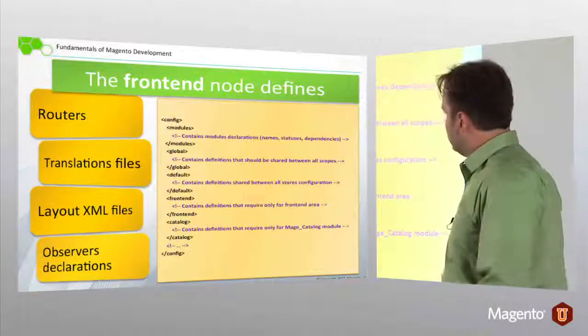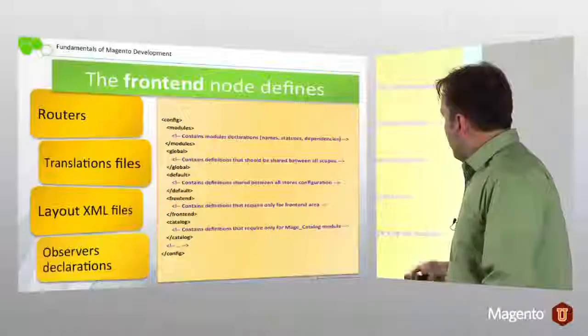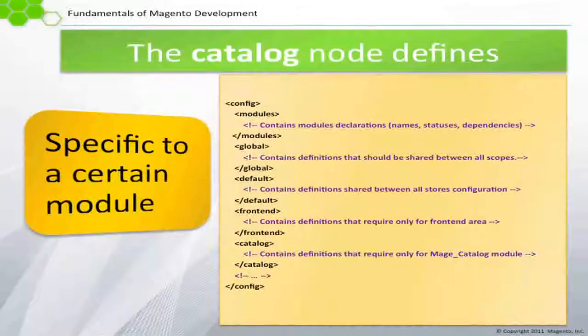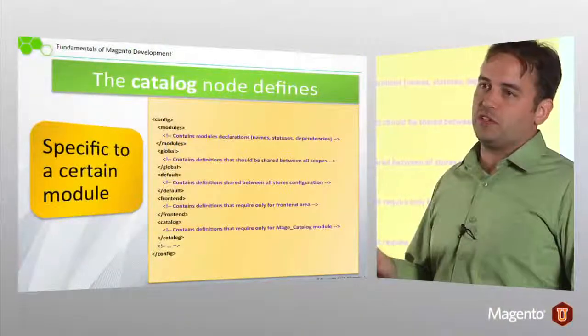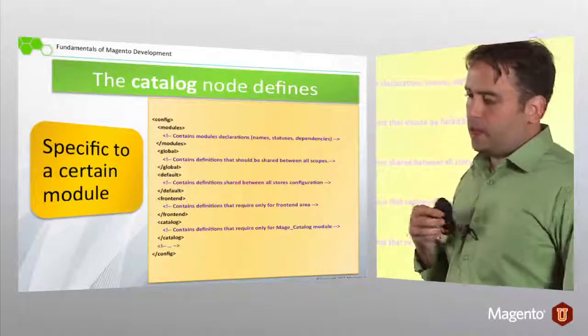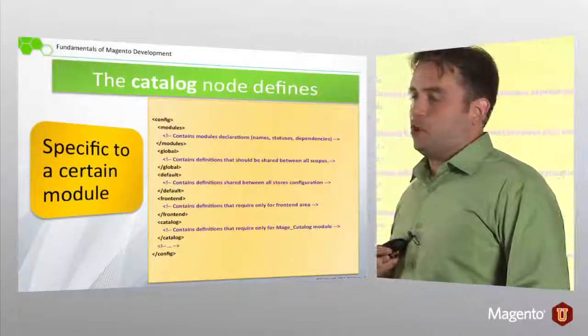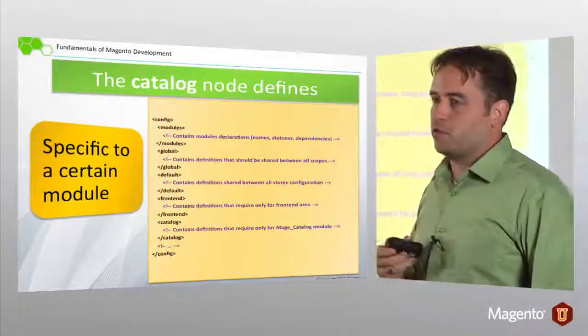So here or here. And then that takes us to something like catalog, which is basically a namespace node up to you. If you have your own module, you could put your module here and have some basic configuration there. That would be a great way to have some sort of default configuration for your module. When you hand out your module, you can specify something here, and then you would have a class that uses Magento's configuration parsing ability to retrieve those values.